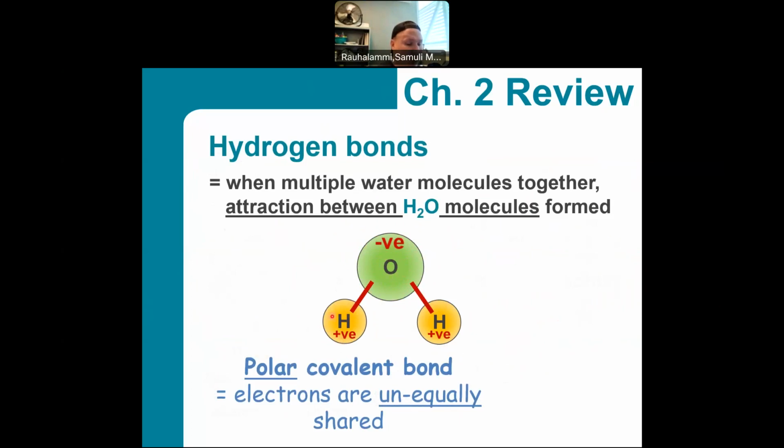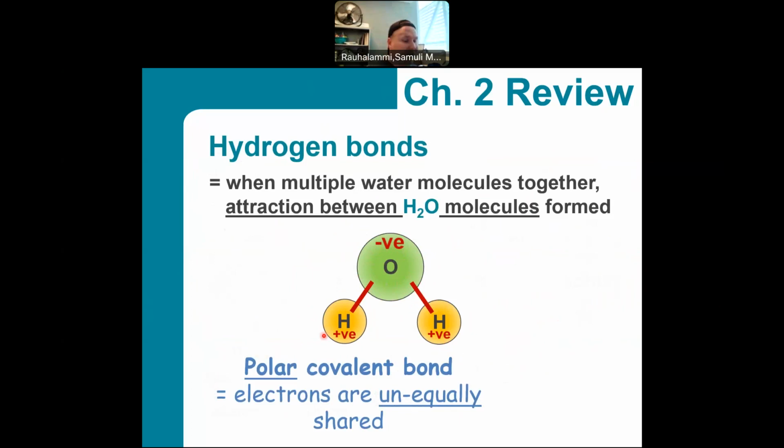Whereas the hydrogen end has less time that the electrons hang around at this end because the electrons are spending more time away from the hydrogen. This end becomes slightly positively charged. So we're seeing that a water molecule actually has polar covalent bonds.